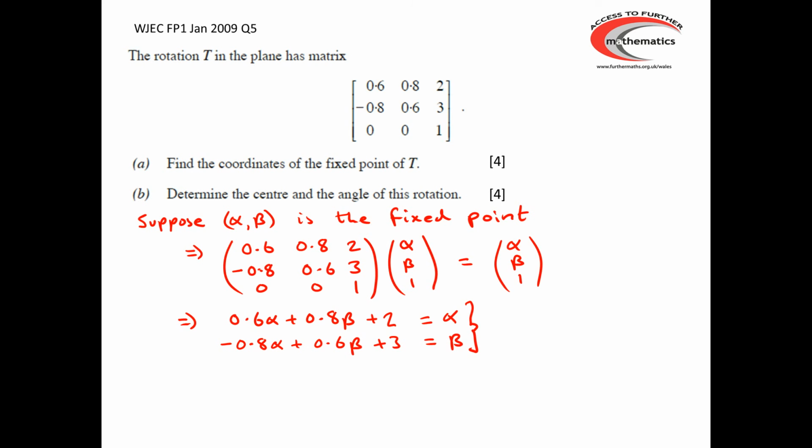That's looking at the top row. And we've also got minus 0.8 alpha plus 0.6 beta plus 3 must equal beta. That's looking at the second row. Don't need to worry about the bottom row, it will simply tell us that 1 equals 1.